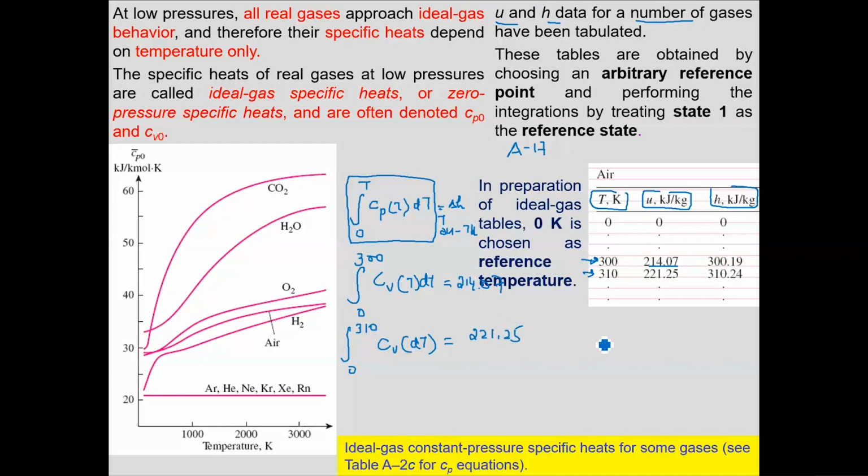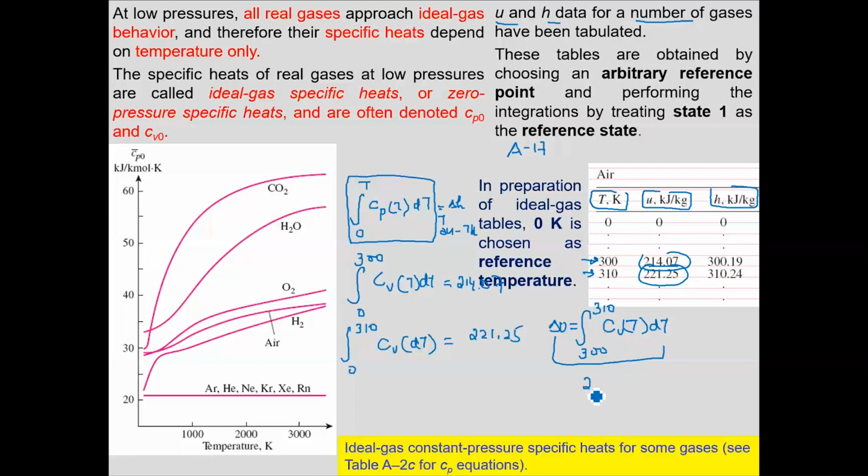So if I want to find the change from 300 to 310, I would use the values of 214 and 221 and take the difference.